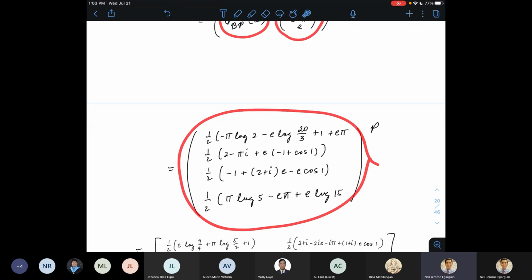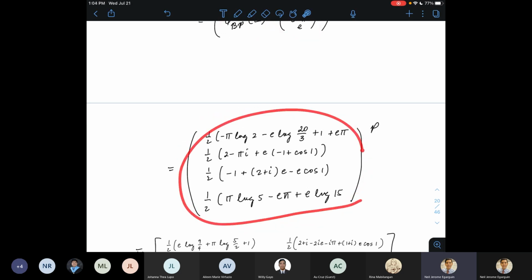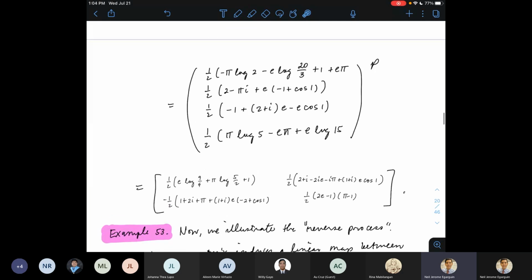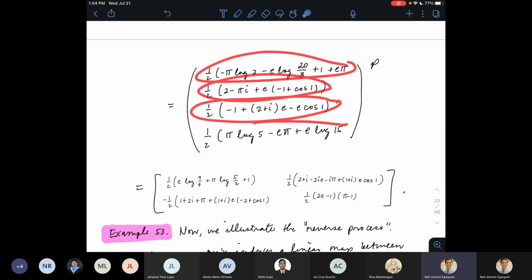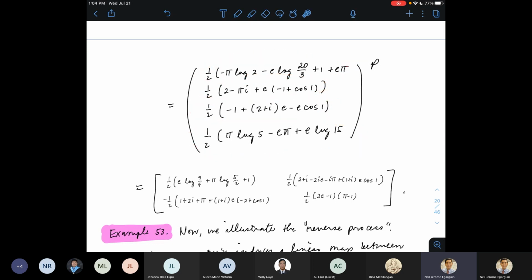So if I want to get the actual image of the vector, I need to convert these coordinates to the vector using the Pauli basis. Okay, so this times P1 plus this times P2 plus this times P3 plus this times P4.